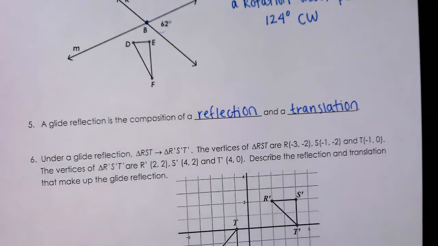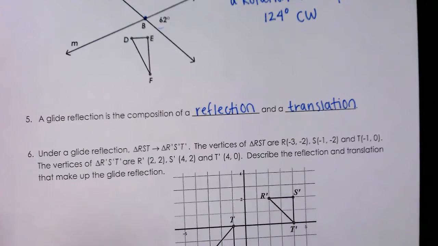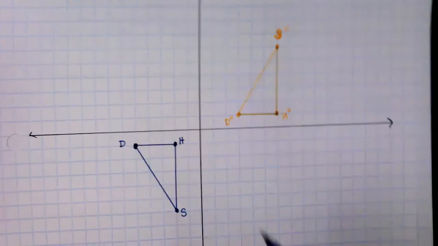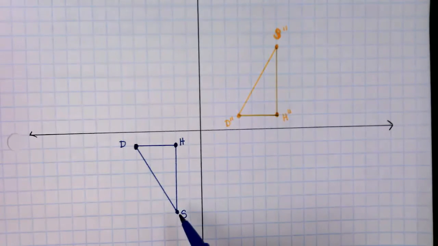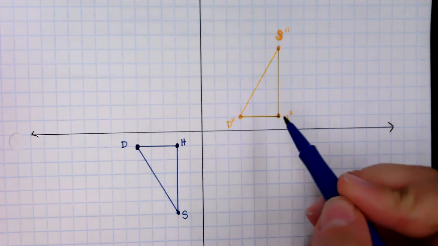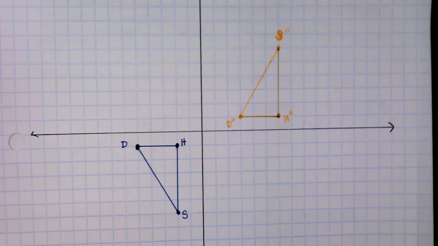So glide is just talking about a translation, a shift. So we're going to do a glide reflection. So when we do a glide reflection, I'm going to start with triangle DHS, and I want to reflect and translate so that it winds up being D double prime, H double prime, S double prime.